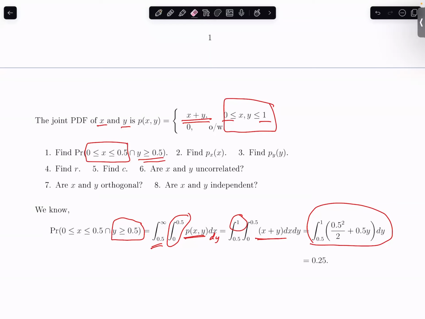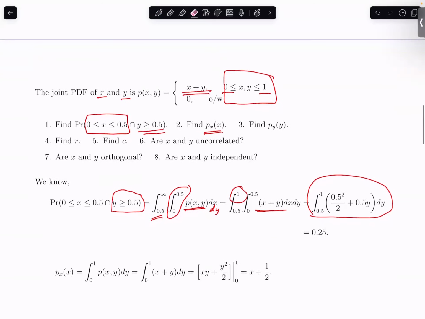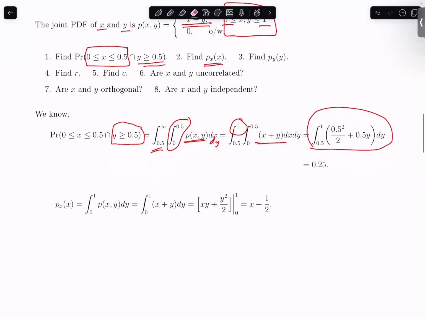And then the next thing we'd like to do here is find the PDF of x, so the marginal PDF of x. To find that, we have to take the joint PDF between x and y, and then integrate out the variable y. So we start with the joint PDF, and the range of y is 0 to 1. So we integrate this joint PDF with respect to y, and the joint PDF is x plus y.